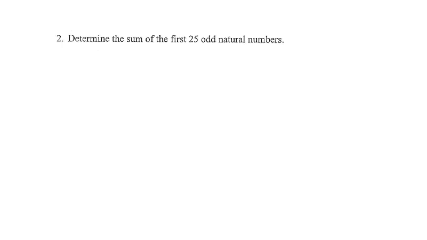So the problem asks me to come up with the sum of the first 25 odd natural numbers. So that means that I'm looking for the sum of 25 terms. There's my sum notation. Well, what would that series look like? Well, the first 25 odd numbers would be 1, 3, 5, 7, and we could keep going on listing all those odd natural numbers.